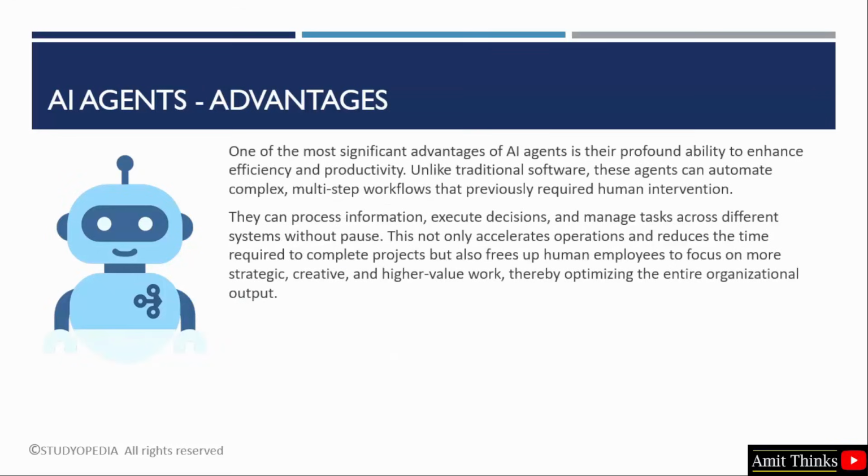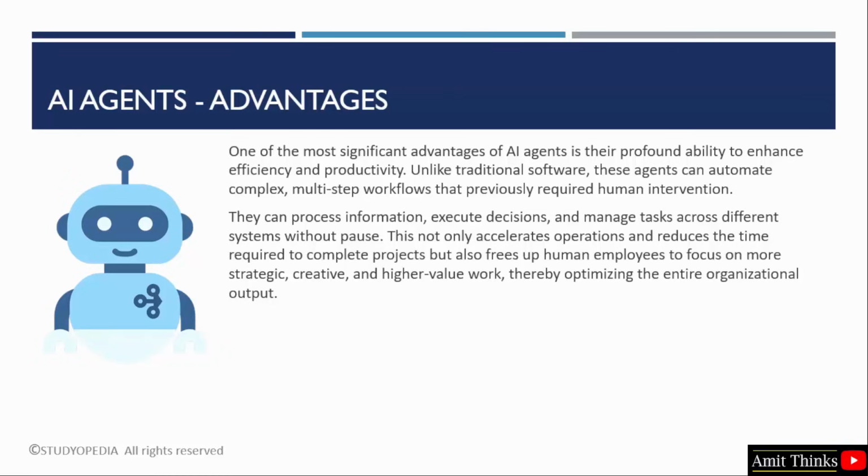A key advantage of AI agents lies in their remarkable capacity to boost efficiency and productivity. Unlike conventional software, they are designed to handle complex multi-step workflows that once demanded human oversight. By continuously processing information, making decisions, and coordinating tasks across diverse systems without interruption, AI agents streamline operations and significantly cut down project timelines.